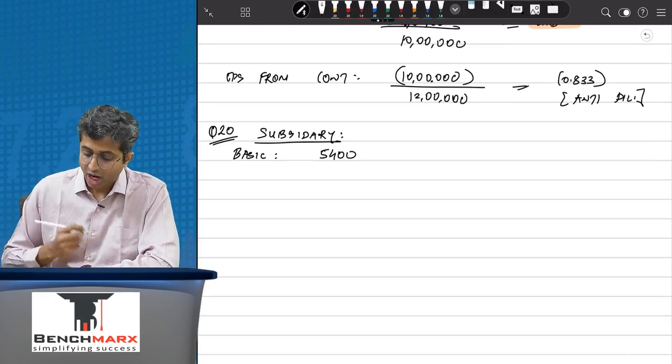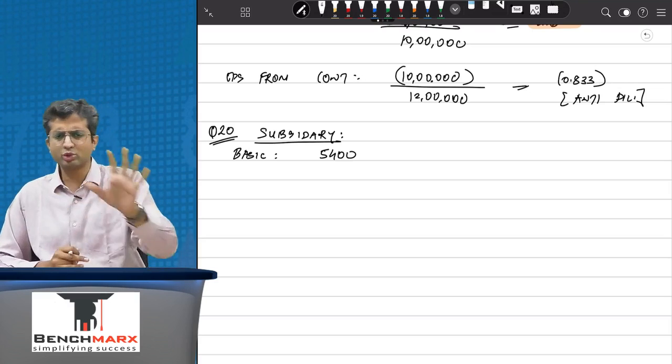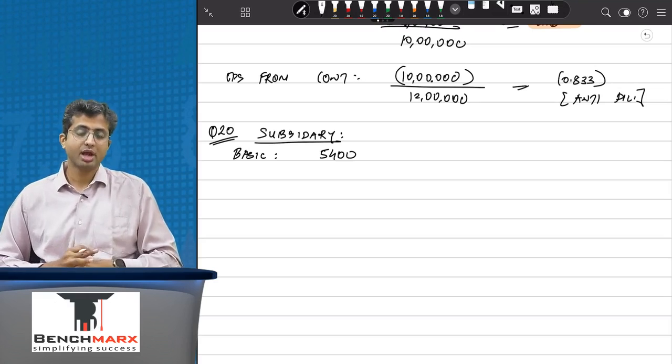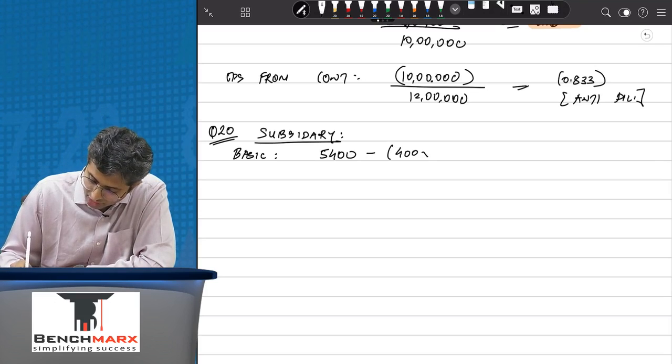Okay. However, this is the total profit, out of which you will have to pay nothing to the option holders, but you will have to pay 1 rupee per share to the preference shareholders. So this is 5,400 minus, let us say, 400 into rupees 1.